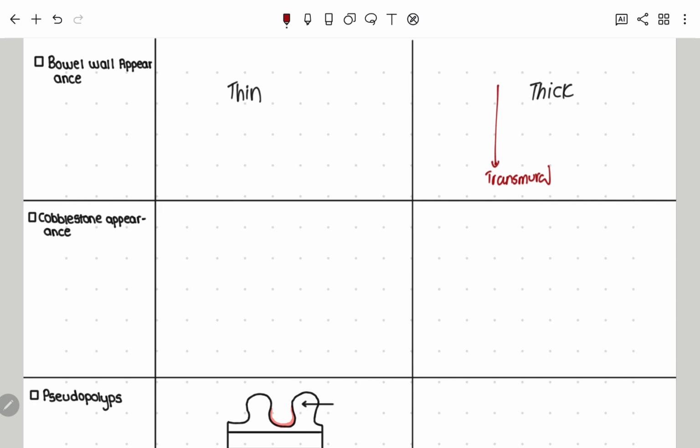However, an important thing to understand, and this applies to both ulcerative colitis and Crohn's disease, is what happens in the cases of advanced disease.